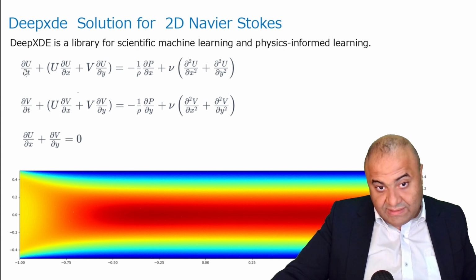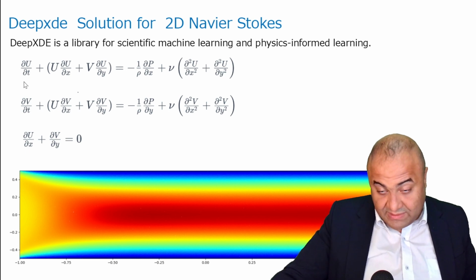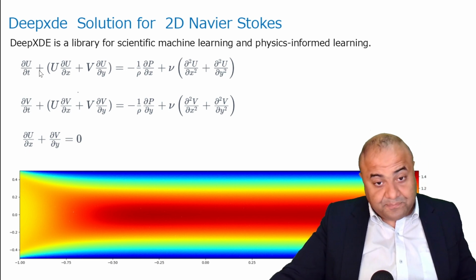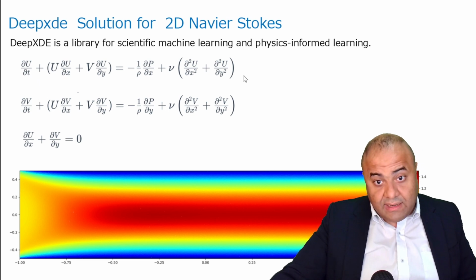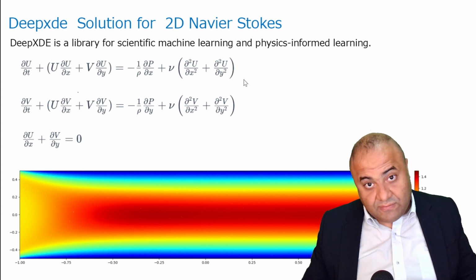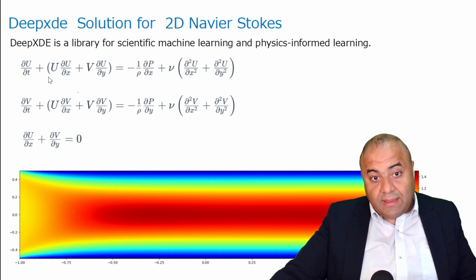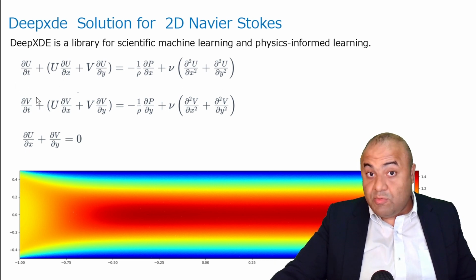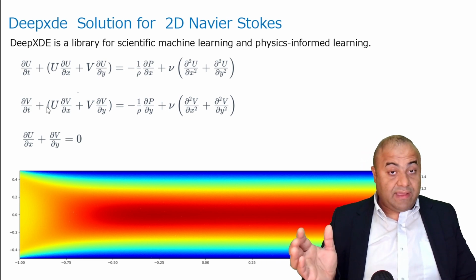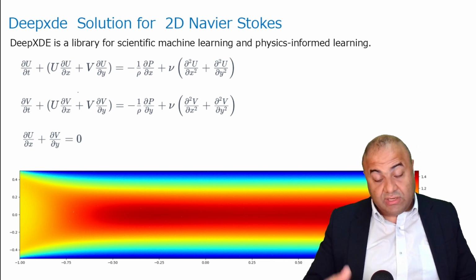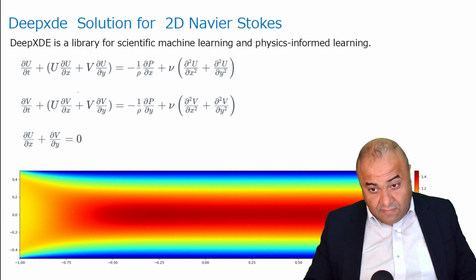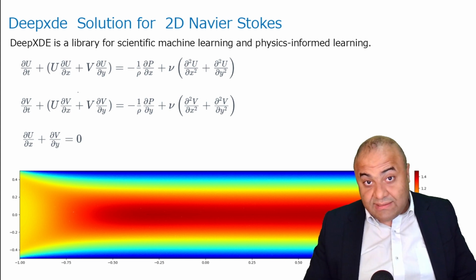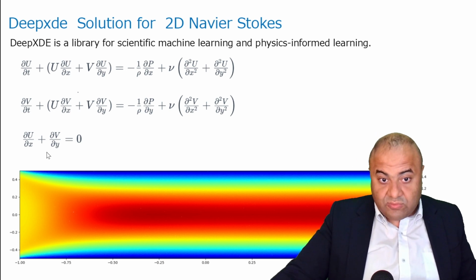Just put it 0, because du over dt is going to be 0 in our case. As you know, there are many forms of Navier-Stokes equations. This one, we are going to solve two momentum equations, one in the u direction, one in the v direction, the horizontal axis and the vertical axis, and the third one is the continuity equation, which is this one.